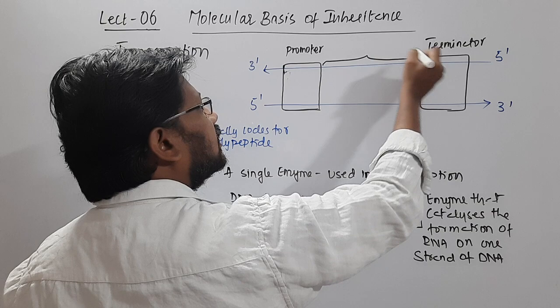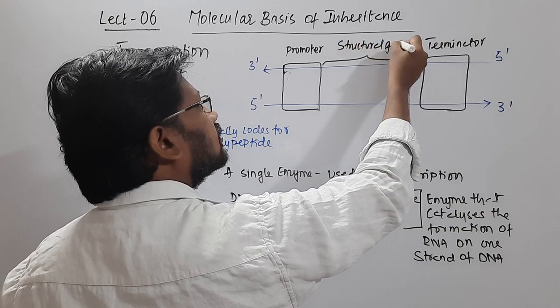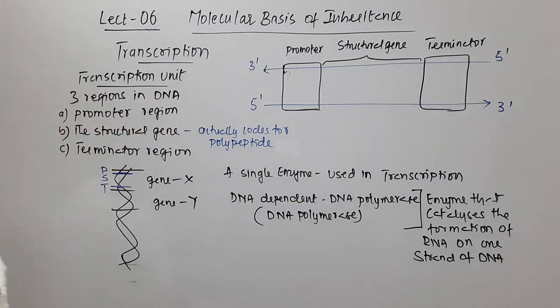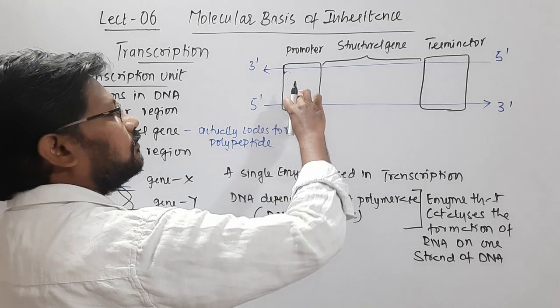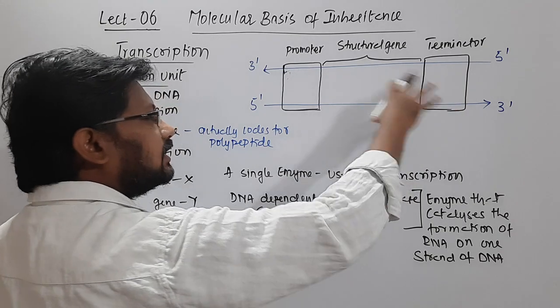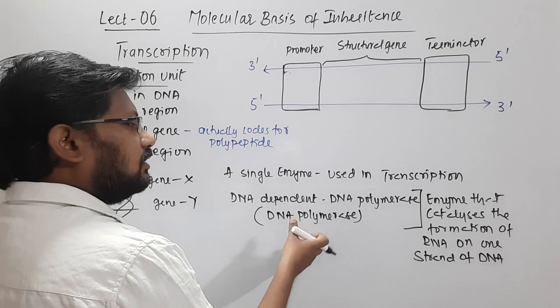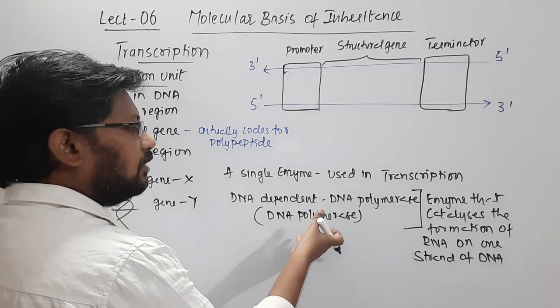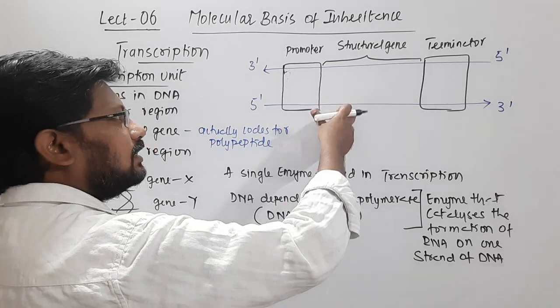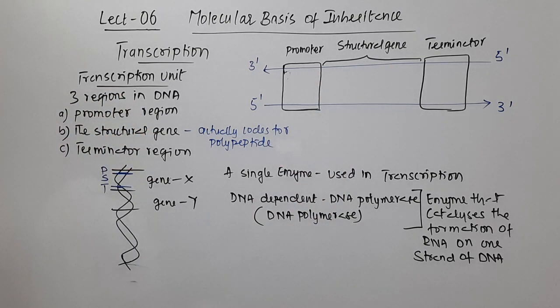So from here to here is the structural gene, the actual gene that will be coding for the polypeptide, whereas the promoter will be the start and the terminator will be the end of this transcriptional unit, and this will help the polymerase to identify the starting and ending of the structural gene.